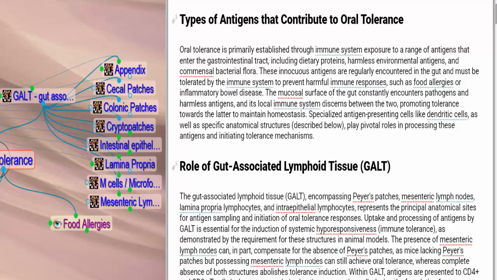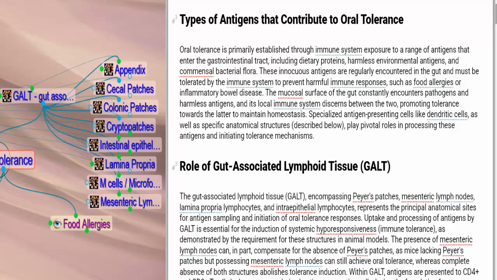These harmless antigens are regularly encountered in the gut and must be tolerated by the immune system to prevent harmful immune responses. The mucosal surface of the gut constantly encounters pathogens and harmless antigens, and its local immune system discerns between the two, promoting tolerance towards the latter to maintain homeostasis.